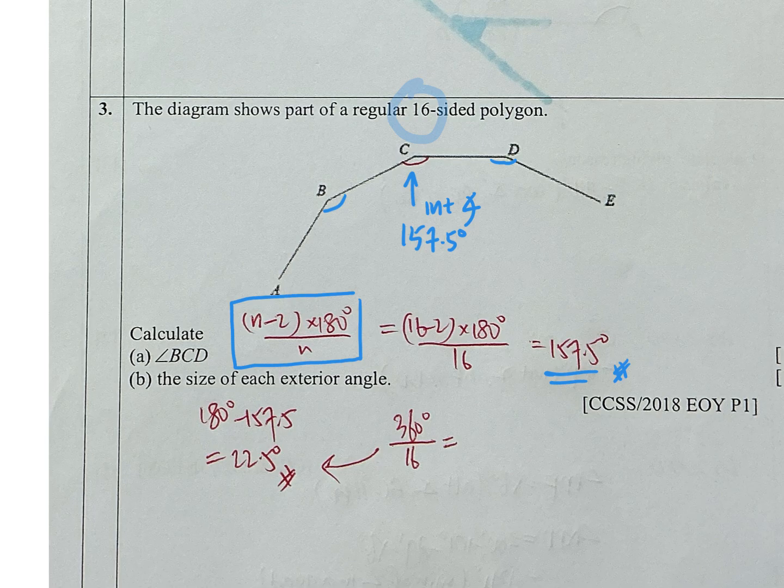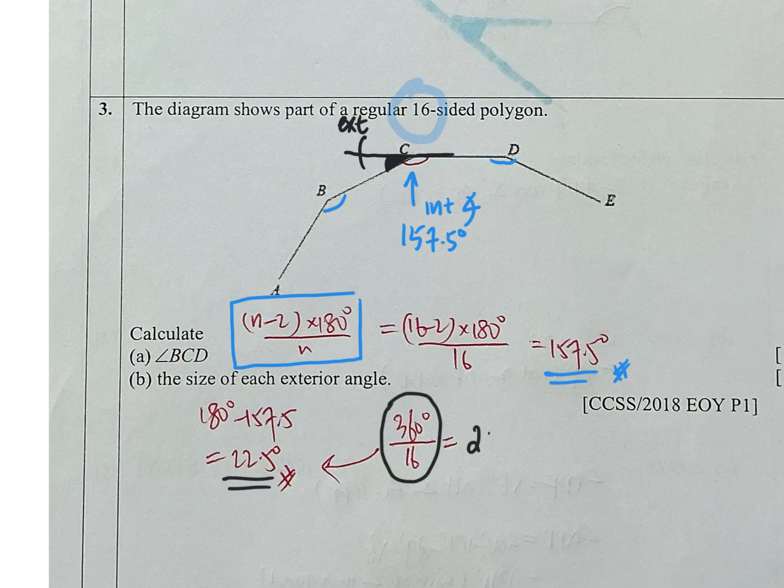Okay, then they say, can you tell me what's the exterior angle? So if you want, you just extend this. Exterior angle is always this one. So how to find? Just 180 minus the interior. You get this. Or because we know all the exterior angles will add up to 360, you can also use 360 divided by 16.